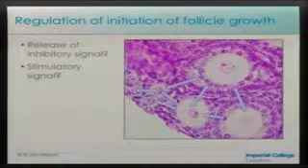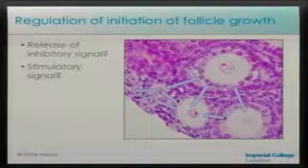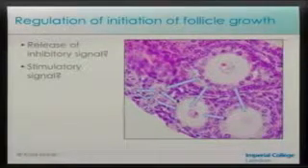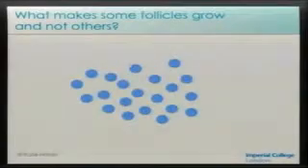So this is a sort of network of growing follicles signaling to little follicles and little follicles signaling to bigger ones. And we don't know anything about these signals. We don't know if they're inhibitory or stimulatory. And so the question we asked was, what makes some follicles grow and not others?